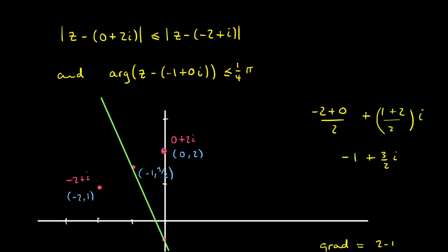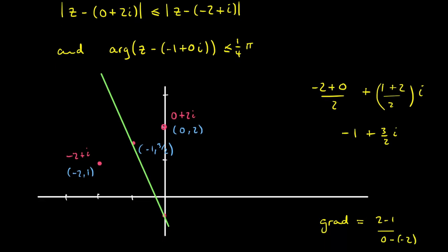Let me state it again. This perpendicular bisector is where this side is equal to that side. So we want to be not equal, we want to be less than or equal. So where is this side going to be less than the right-hand side? Well, we'd have to be nearer to the point 0 plus 2i. So if we're nearer to the point 0 plus 2i, we're going to be on this side of the line. So it's that part there.